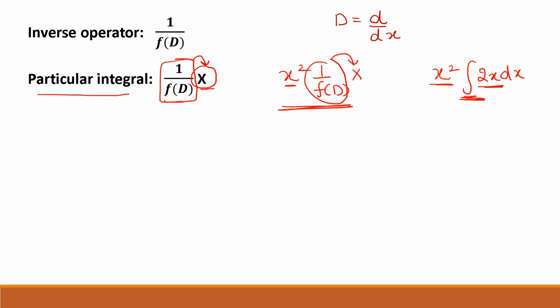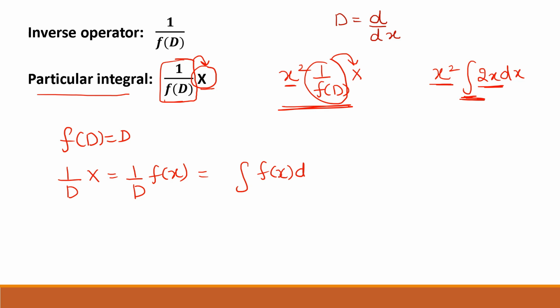Okay, so one thing, if let's say f of d is d, then you will get 1 over d into this capital X, where capital X is some function of x. 1 over d f of x means integration of f of x with respect to x. Similarly, if you have 1 over d square into some function, that means double integration of that function with respect to x.